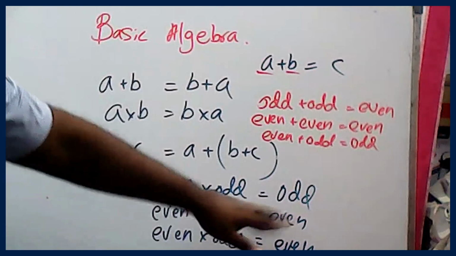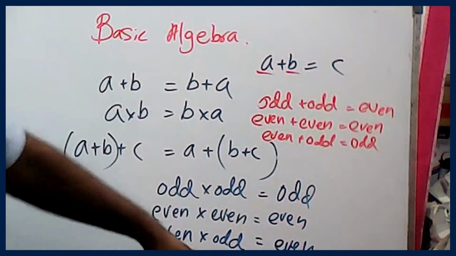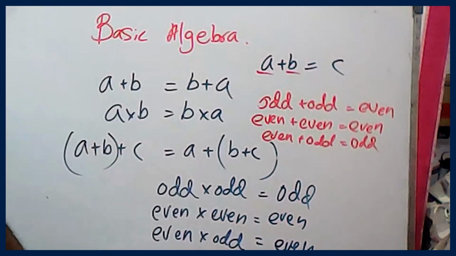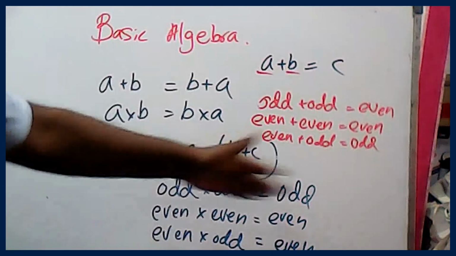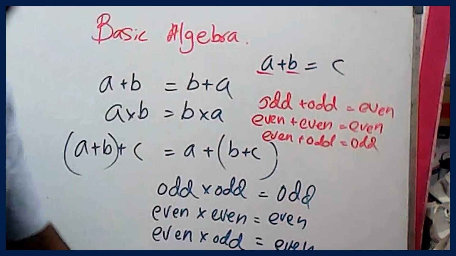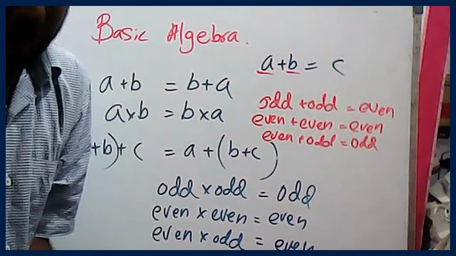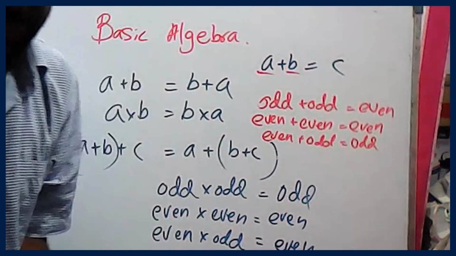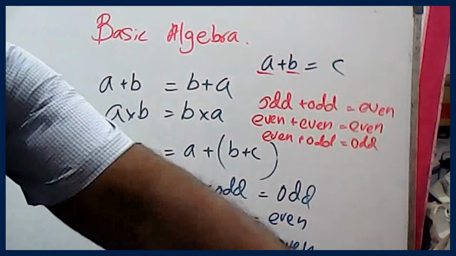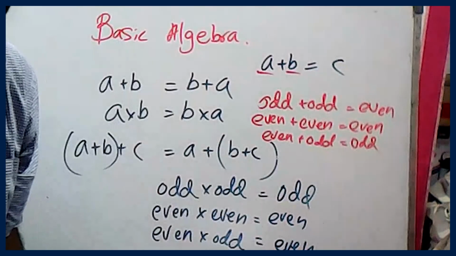Even into even, you will get an even answer. Even number into odd number, you will still get an even number. And odd into odd will be an odd number. These are basic algebra facts that you should know, and they will be very useful sometimes when you do small calculations.